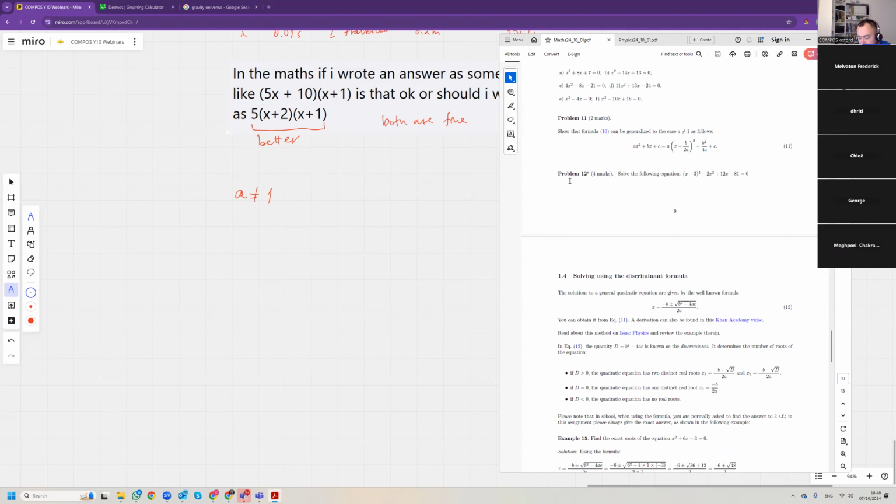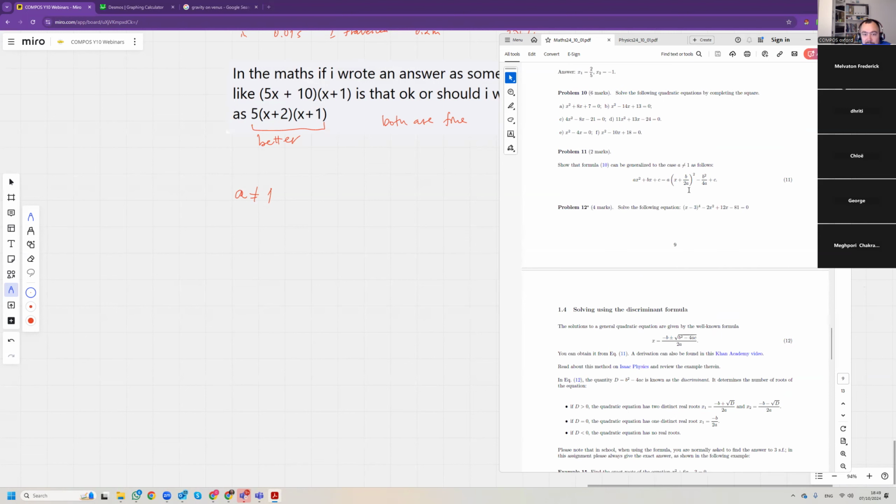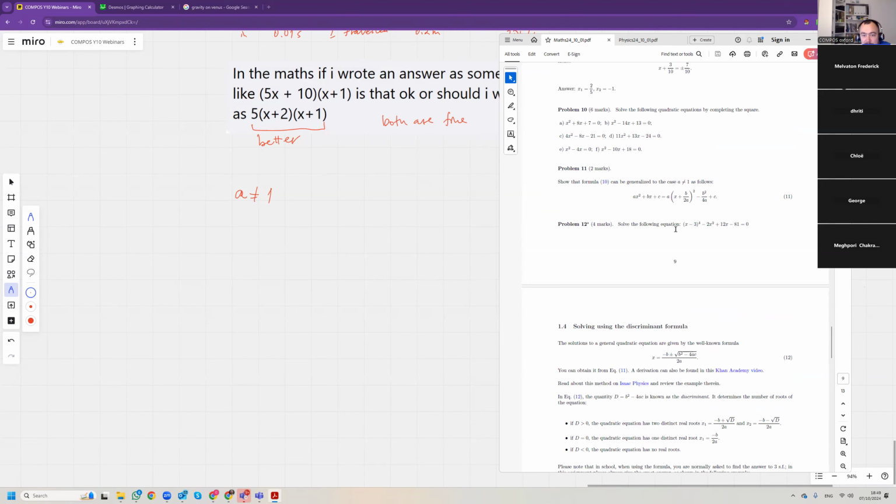Oh yeah, I've explained that. So you need substitution and completing the square. So basically, you just need completing the square here, and then hopefully it will look like something you can do.